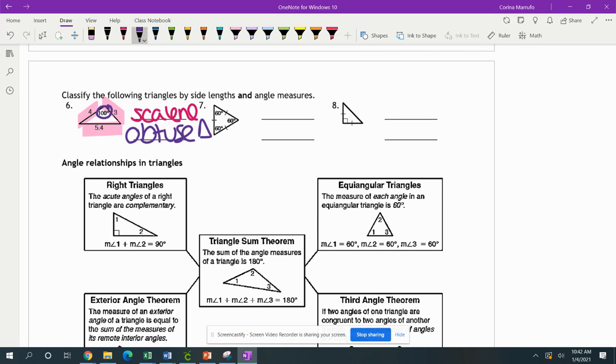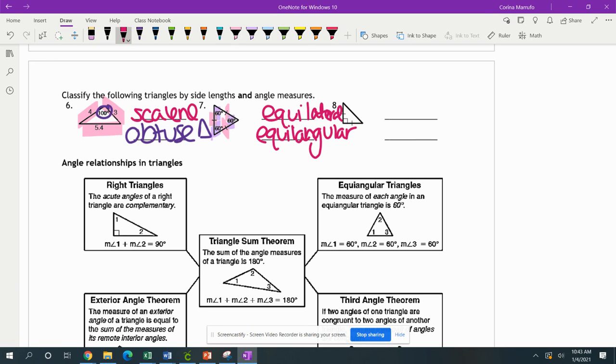Okay, the next one. It gives us little tally marks to show us that all the sides are the same and all the angles are the same. So this is an equilateral and equiangular triangle. There you go.